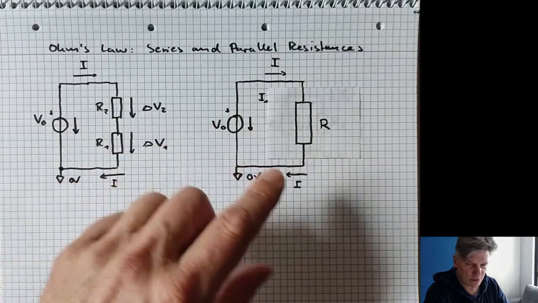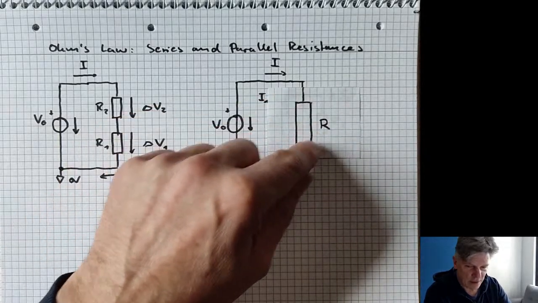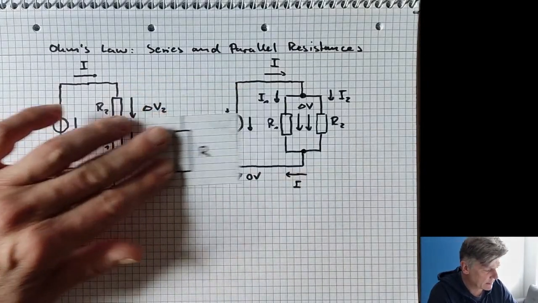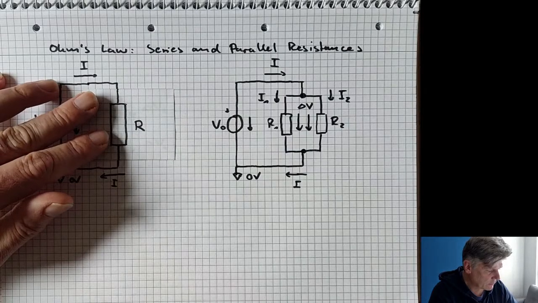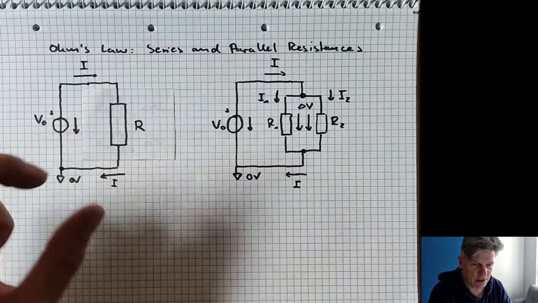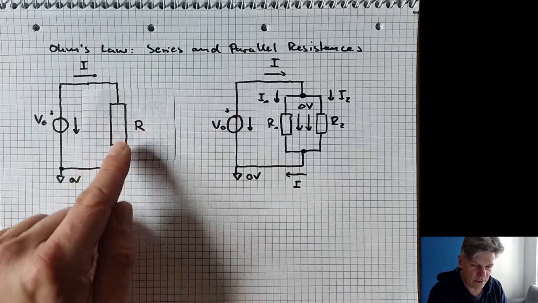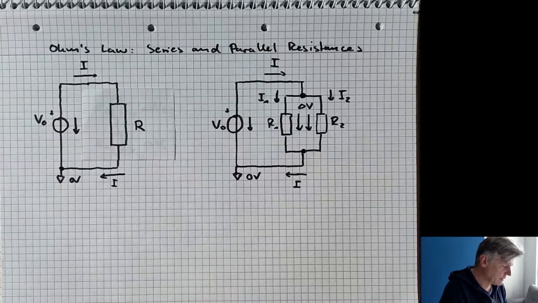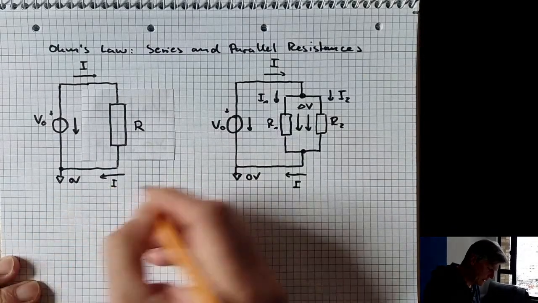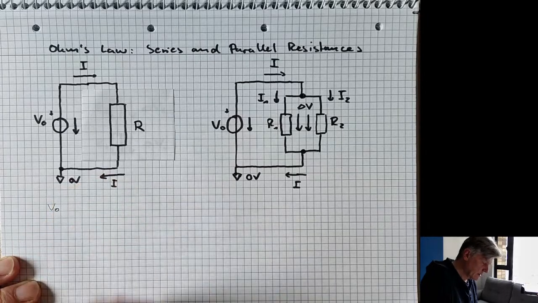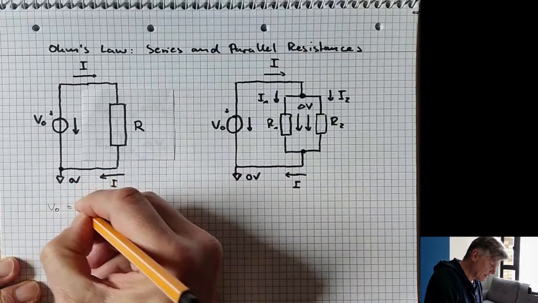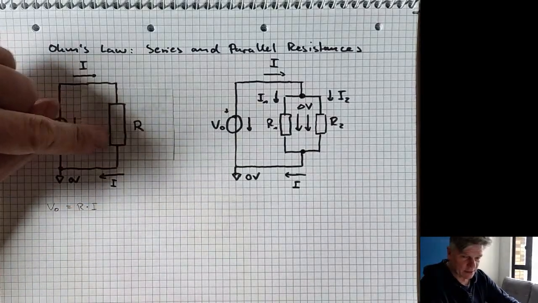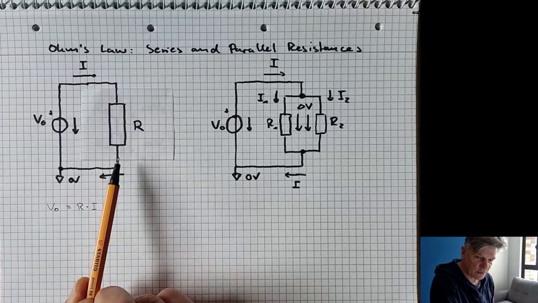From outside, you really don't have to know what's inside this big resistor or effective resistor R. It's only interesting to look at what the resistance R is to find the relationship between V, I, and R, right? So we can definitely say, according to Ohm's law, that V0 is R times I. And it's this R, the effective resistance R we have here.